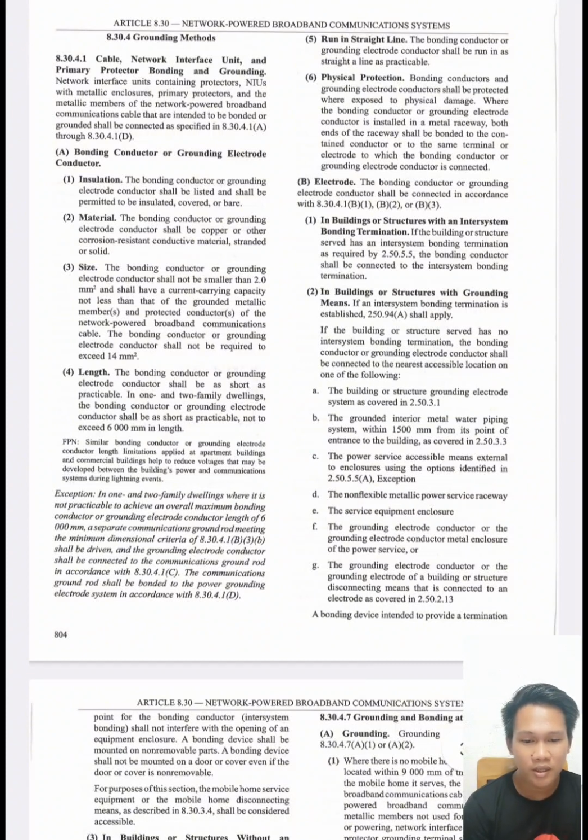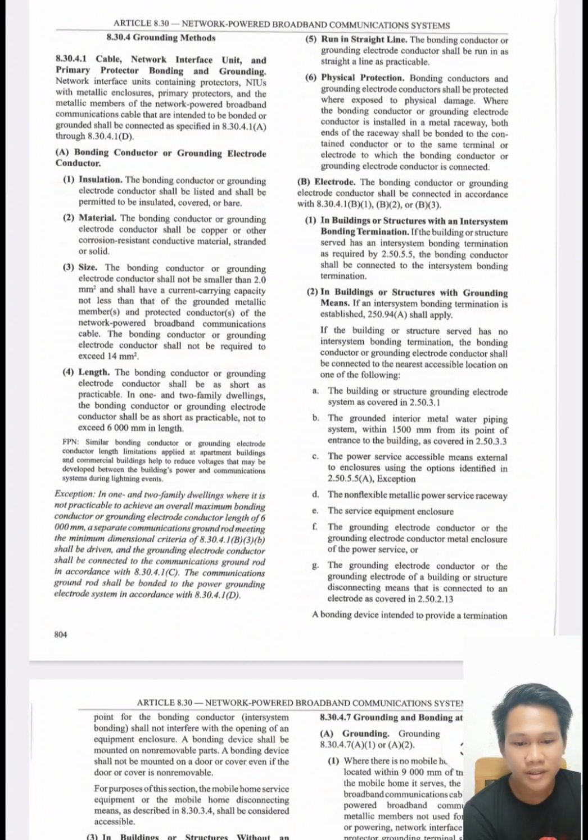Next is B, the grounded interior metal water piping system within 1,500 mm from its point of entrance to the building as covered in 2.50.3.3. Next is C, the power service accessible means external to enclosures using the option identified in 2.50.5.5a, exemption. So, letter D, the non-flexible metallic power service raceways.